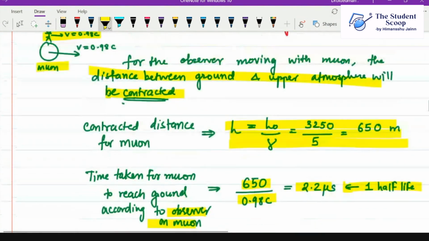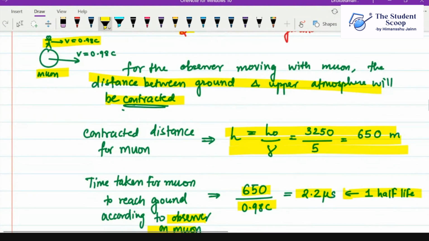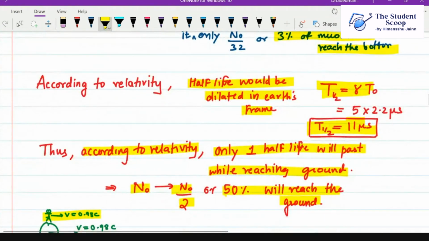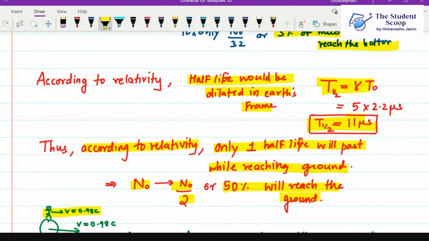So relativity goes hand in hand. Here we saw length contraction, there we saw time dilation, and both work. If for the Earth observer the time is dilated, then for the observer on the muon, the length is contracted. That is something we would like to remember.